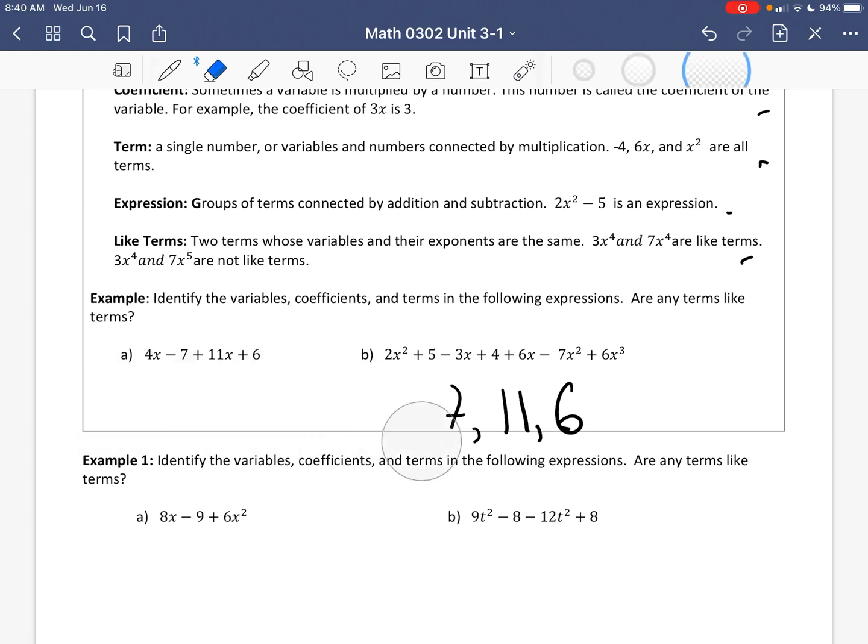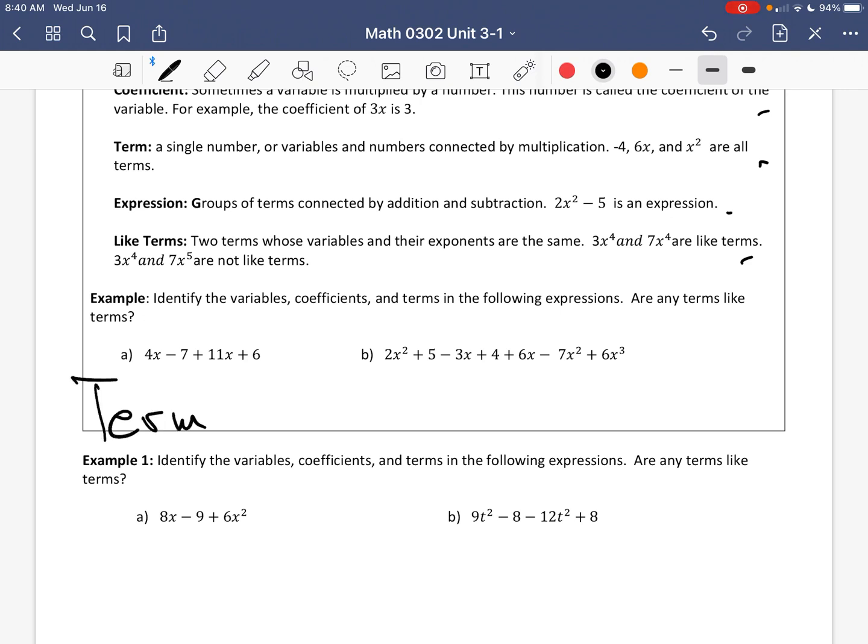The next thing we're looking for will be the terms. What are the terms here? You can think of the terms as all the individual pieces of the expression. So 4 times x is a term, minus 7 is a term, 11x is a term, and the number positive 6 at the very end is also a term.